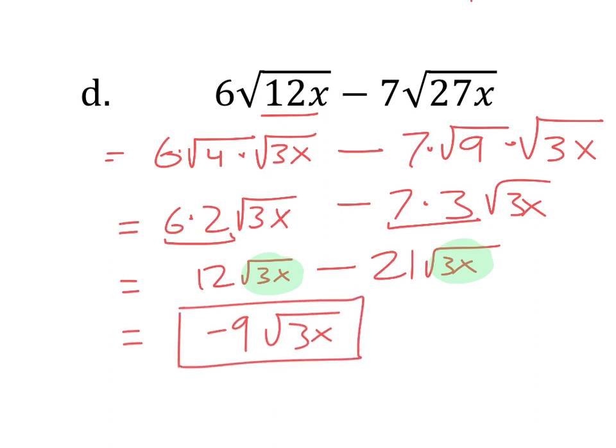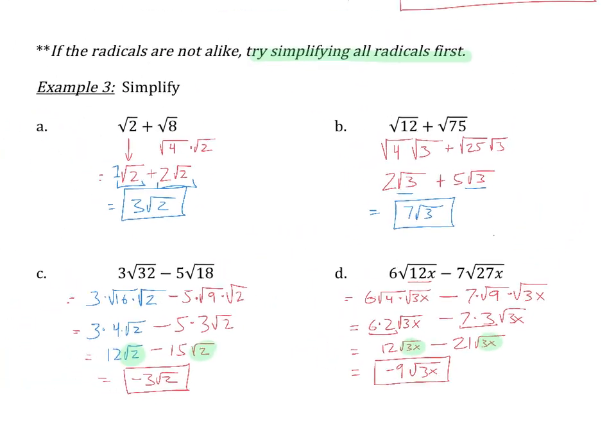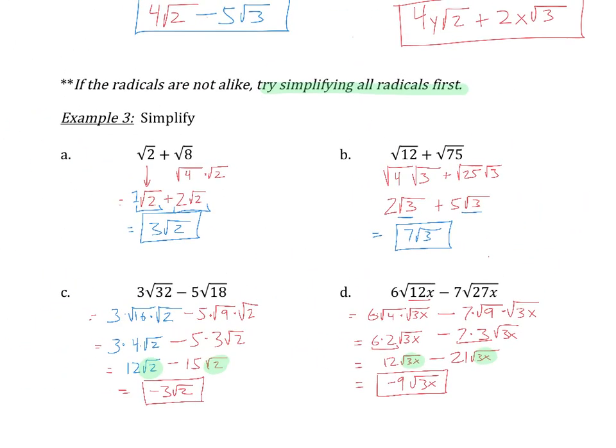Since they both have the square root of 3x, that's our like radical, and that just stays the same. And the coefficients simplify. All right, so that's the key. You have to make sure you've got like radicals first, and then you can simplify by adding or subtracting.